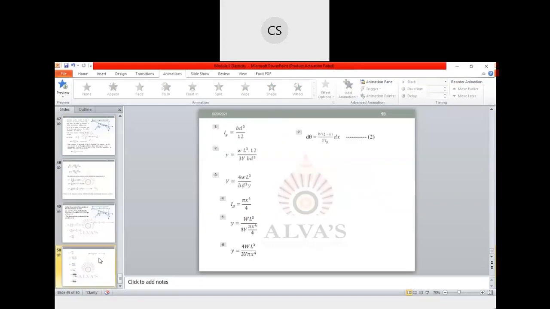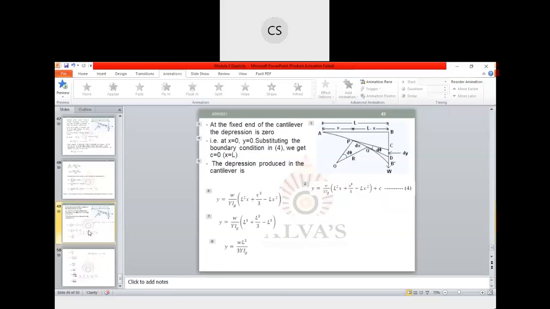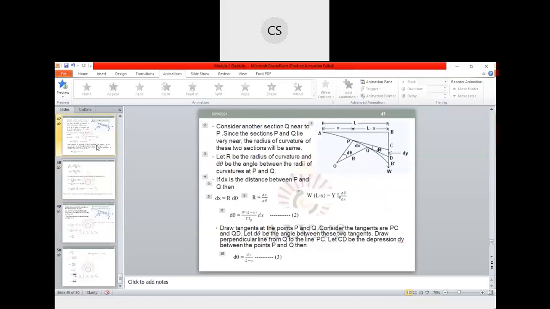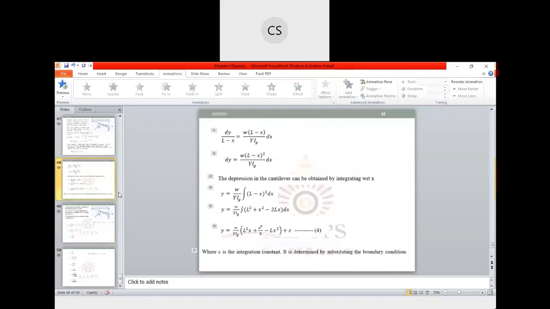Second expression. Here it is. Just a confusion.